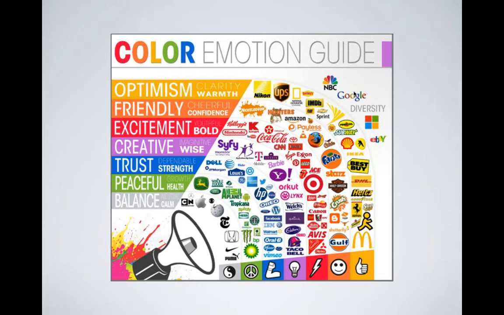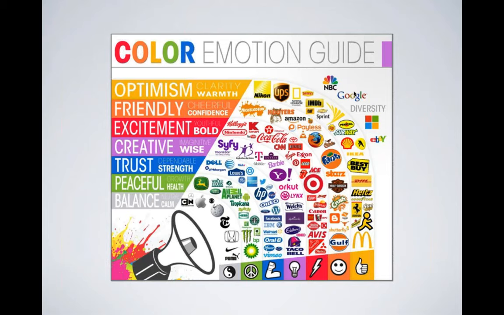You'll see things like this sometimes. You'll see websites that give a breakdown of colors and the emotions that they evoke. And it's almost like looking at one of those dream interpretation manuals where it's sort of like, if you see this in your dream, it means this particular meaning.